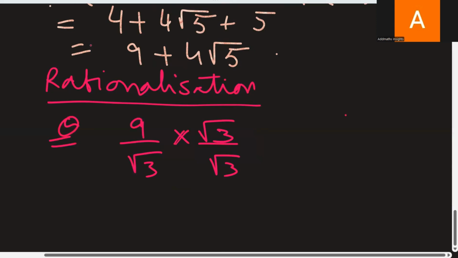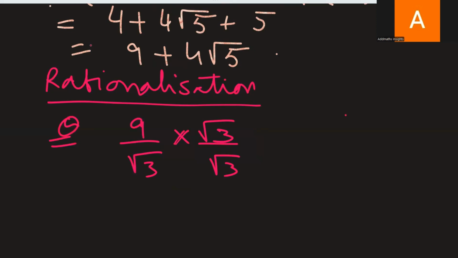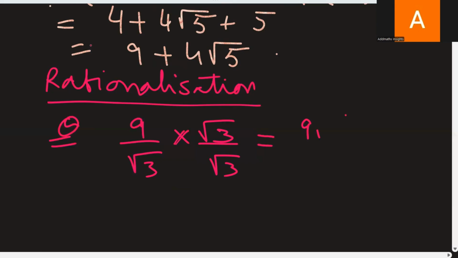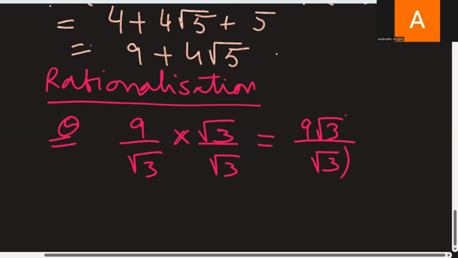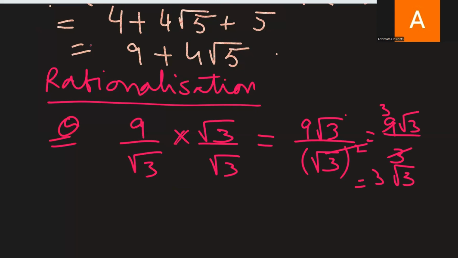When you multiply, the numerator becomes 9 root 3, and the denominator is root 3 squared, which simplifies to 3. So 9 root 3 over 3. Now you see that your denominator is no longer an irrational number. Now it is a rational number, right?